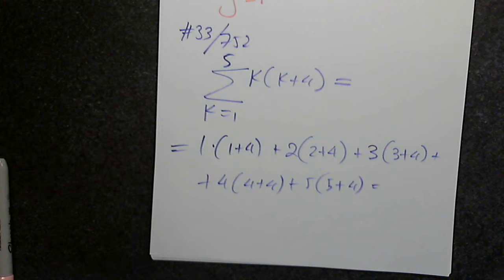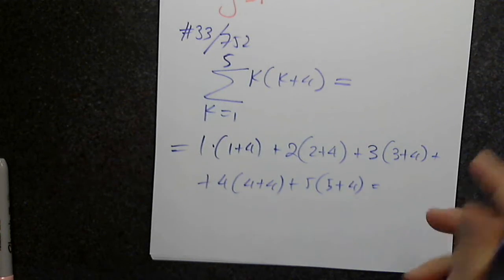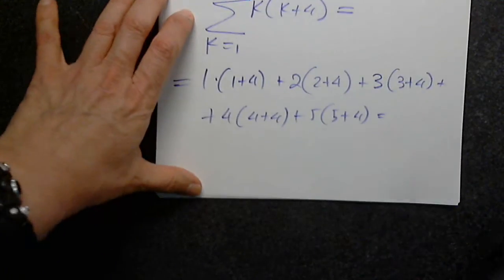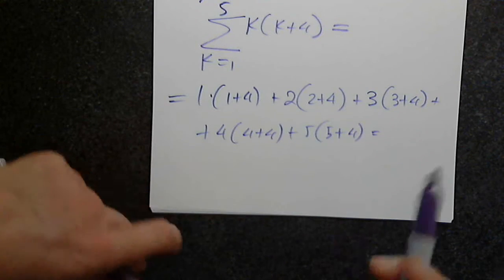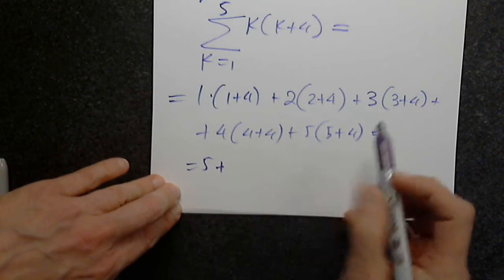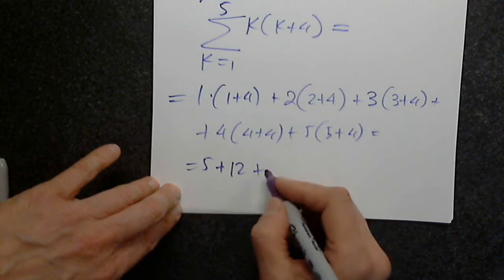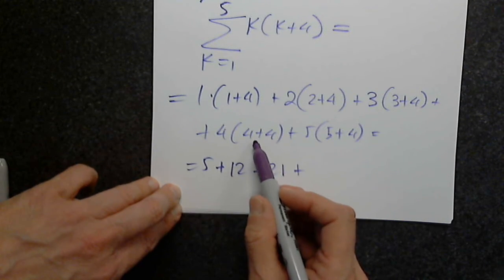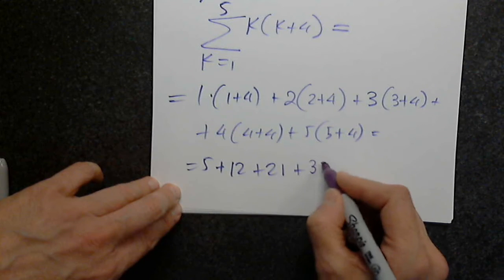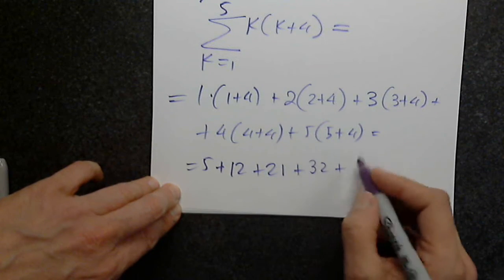Ready? So let's do it by hand first, and then see what we get with the graphing calculator. So obviously this is 5 times 1, so this is 5, plus this is 6 times 2, plus this is 7 times 3, plus 4 times 8, and 9 times 5.